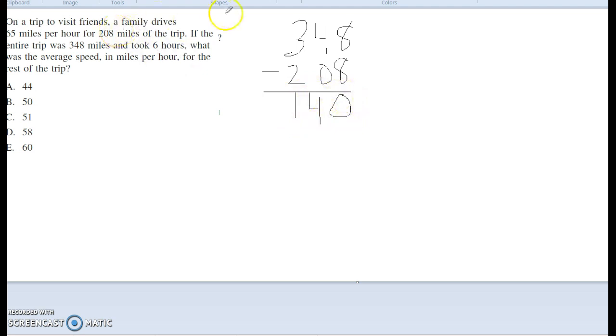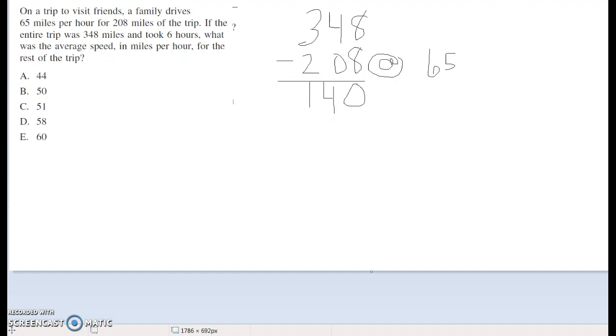It says they drove 65 miles per hour for the first part of the trip, and we want to figure out how fast they went for the next part. The total trip was 6 hours, so I'm going to write down 6 hours.